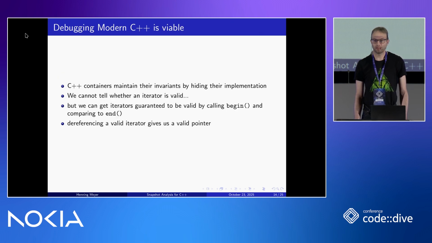But we have our strong types. We have classes that maintain their invariants, and I can't use iterators that I find in the program, but I can use the begin and end methods of a container to generate valid iterators. And I can use these iterators to get pointers that I know are good to find objects in a running program.